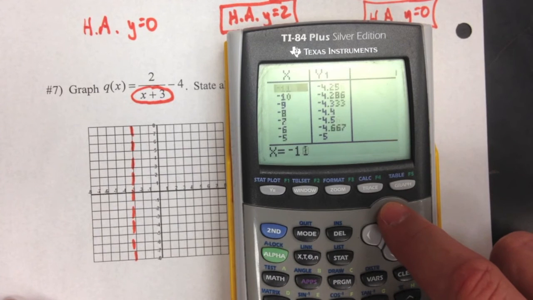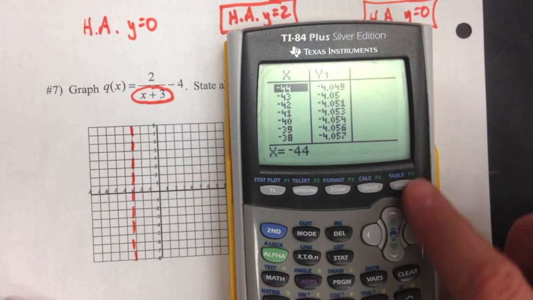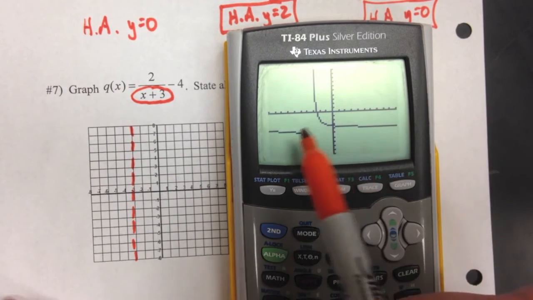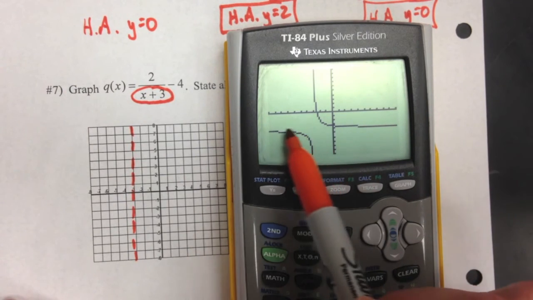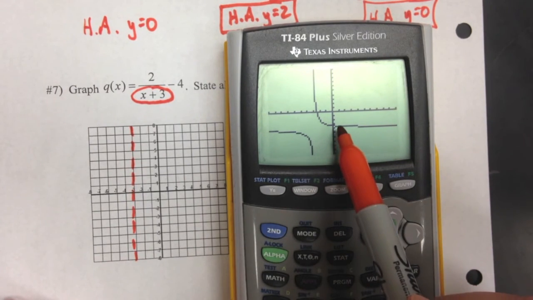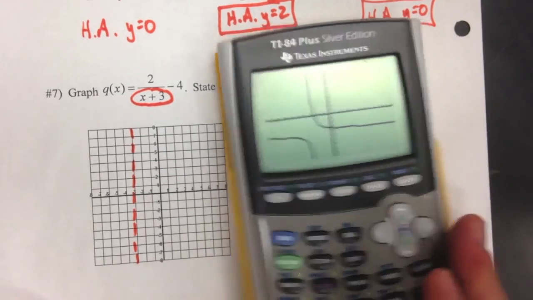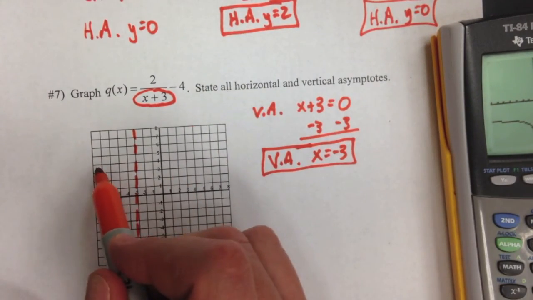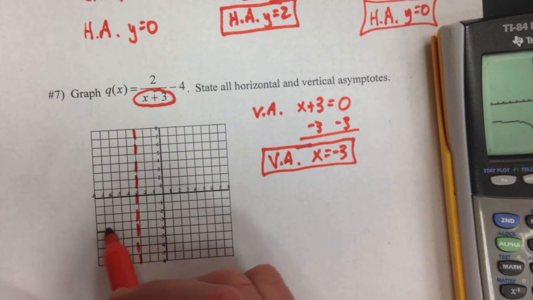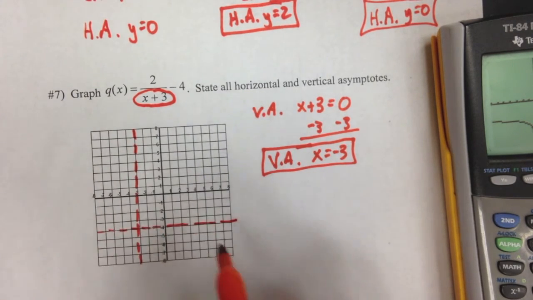So it looks like we're decreasing, negative 4.2, negative 4.1s, negative 4.0s. Looks like we're approaching negative 4. So the horizontal asymptote, I don't need to guess on this. Okay, I know it kind of looks like if I count 1, 2, 3, 4, I go down. But y equals negative 4 is my horizontal asymptote.